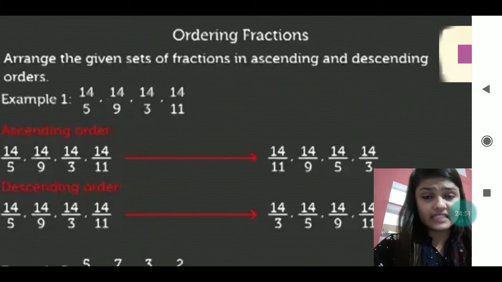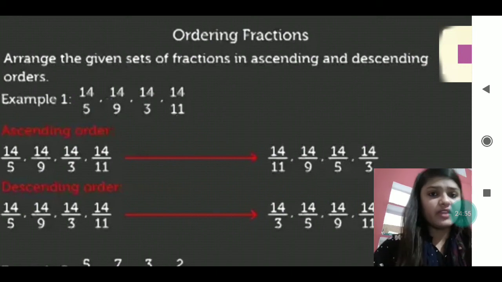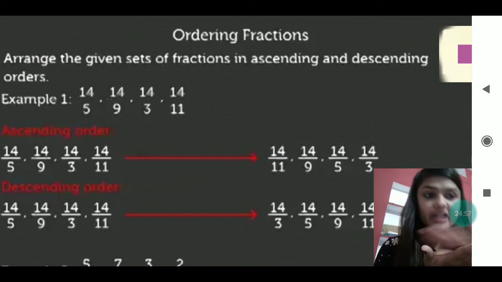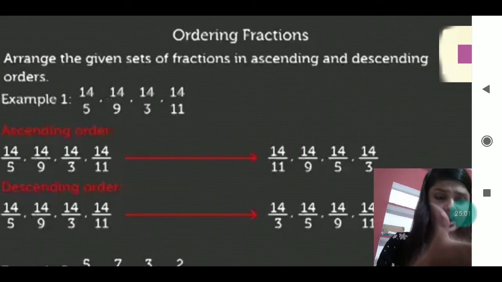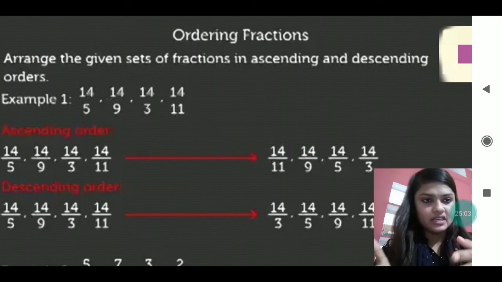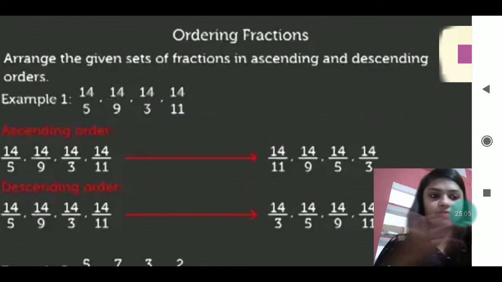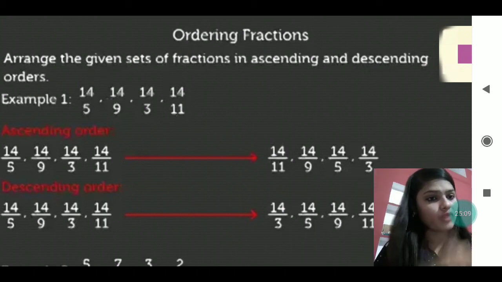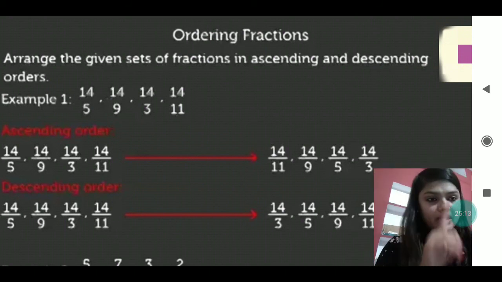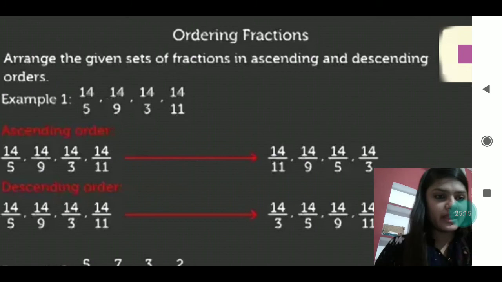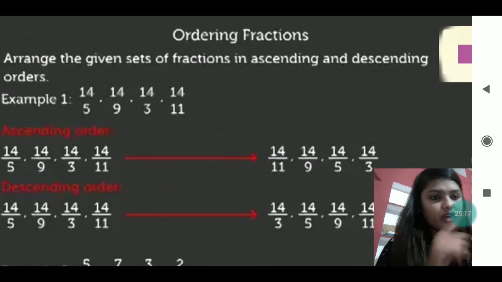When you are arranging in ascending order, what do you have to do? When the numerators are the same and the denominators are different, the smaller denominator will become the greatest, and the greatest denominator will become the smallest. So when arranging in ascending order, from smallest to largest, 14 by 11 will become the smallest, then 14 by 9, then 14 by 5, and then 14 by 3.